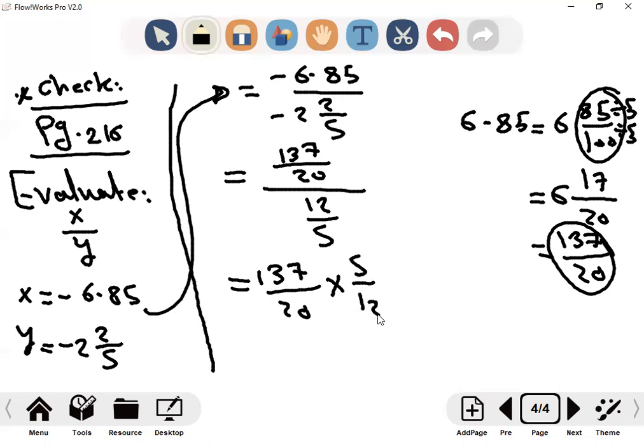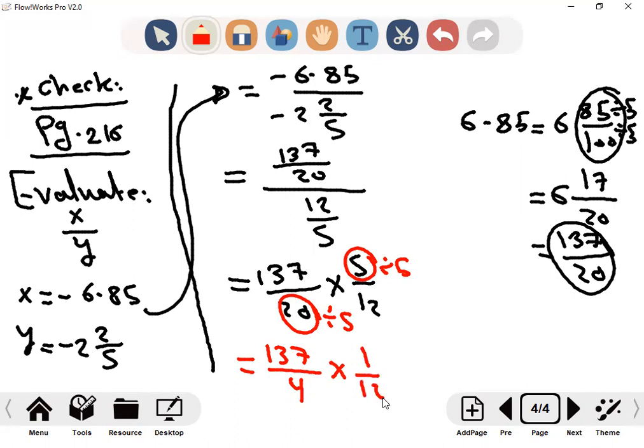Now you can simplify the 5 and the 20, both can divide on 5. So this is equal to 137 over 4 multiply 1 over 12.